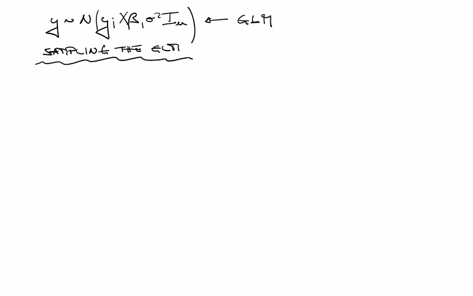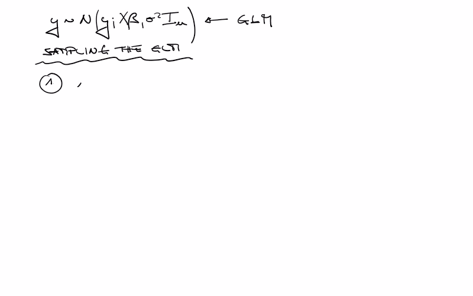So I want to look at two cases, and let's now look at a first special case. Whenever you want to sample the GLM, be it on a computer or in your head, you need to define all the things that need to be defined, right?